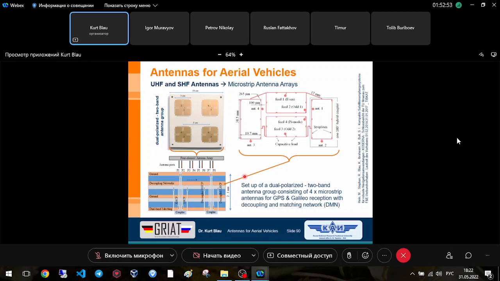Here I go very fast through these slides because it's a special application. This was an antenna developed in our department, in our lab, for purposes of localization.